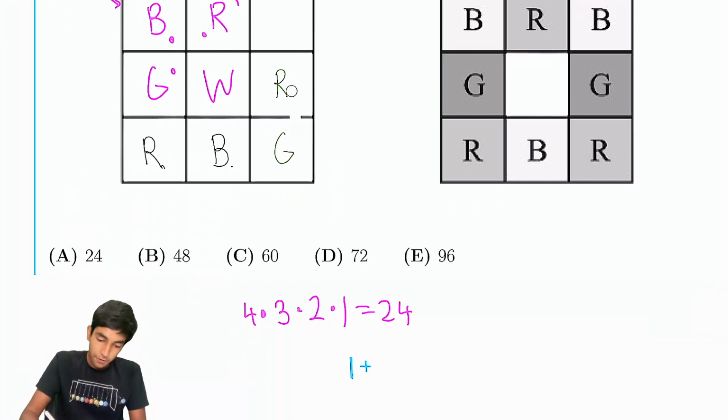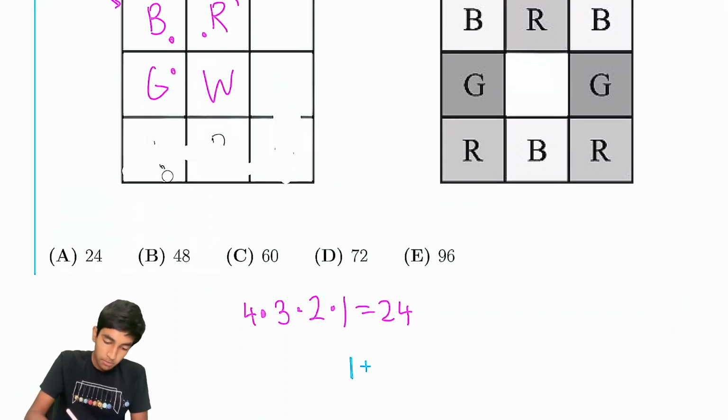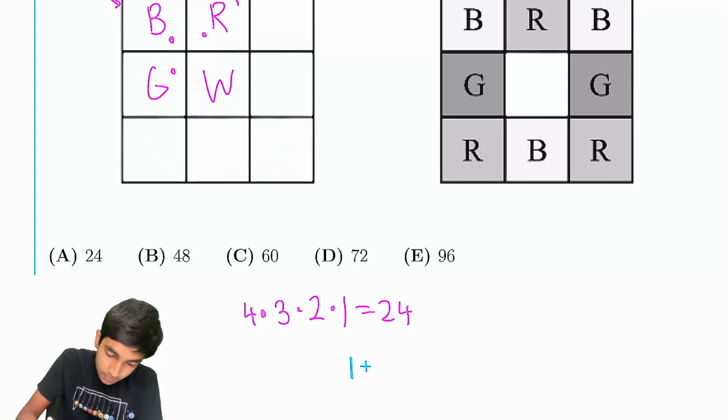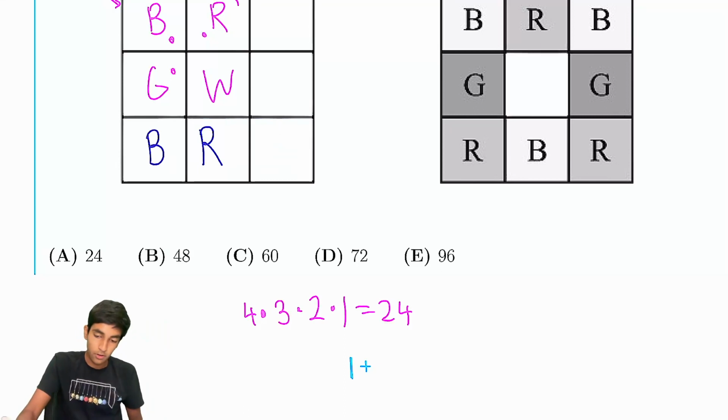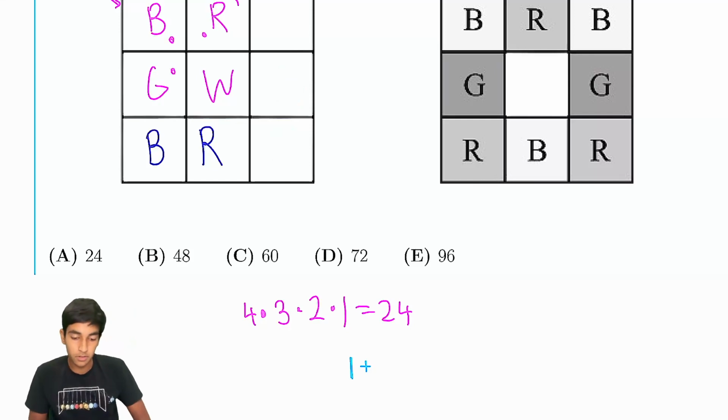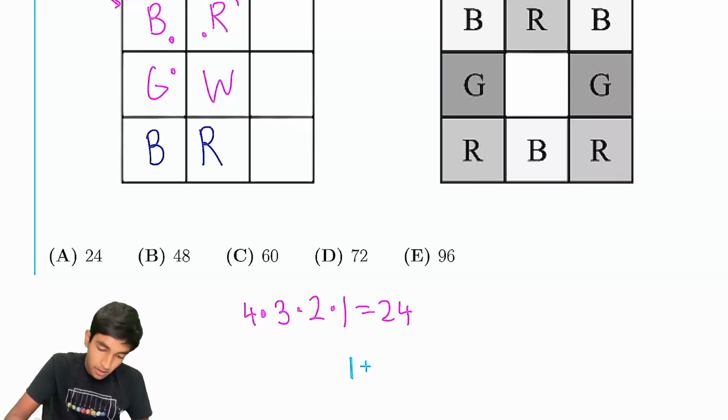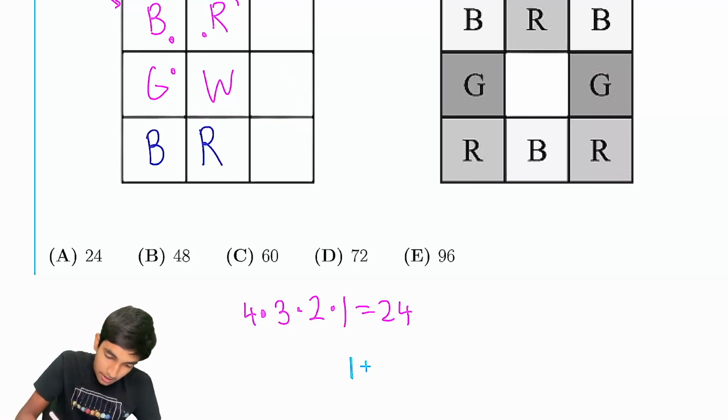But remember, that was just our first case, red, blue. What about blue, red? Blue, and then red. Well, take a look then. White, red, then we have to have a green, and we have to have a blue here. A green and a blue. So there's again 2 cases, right? We can have a green and a blue.